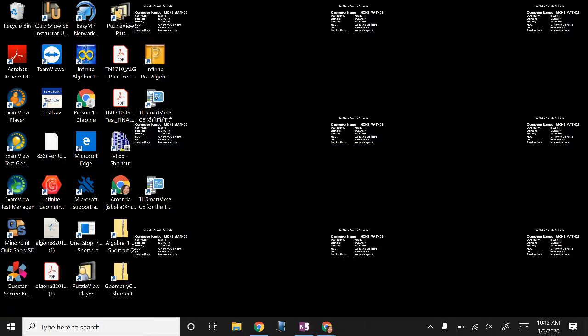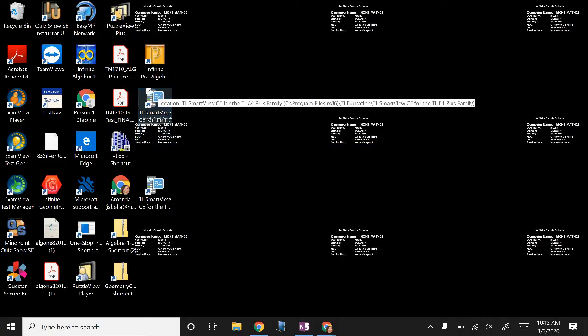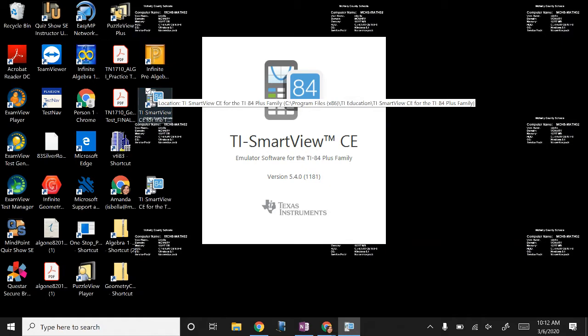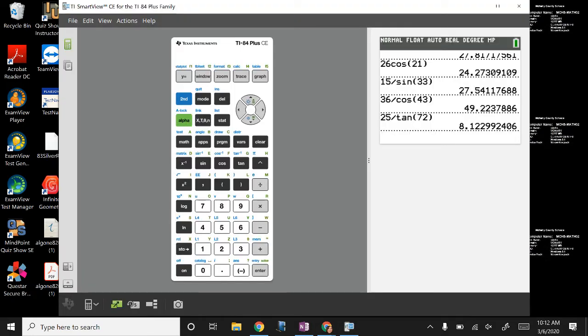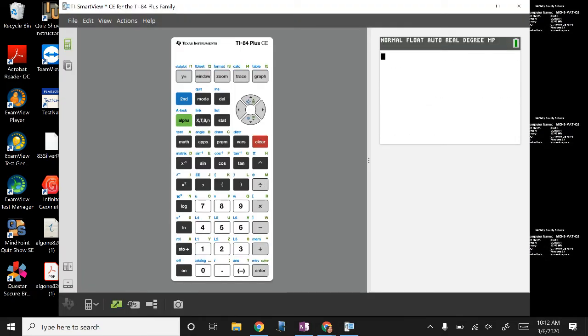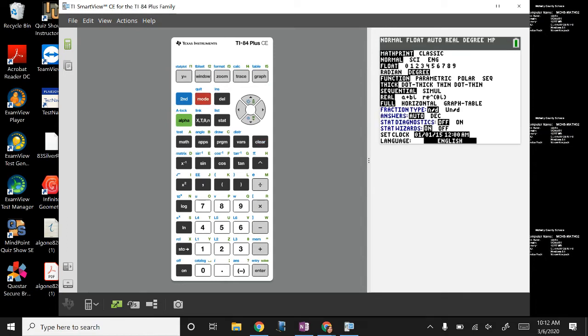I'm going to do the same. I got to wake mine up. It hasn't been turned on today. All right, let me clear it all out. So to see if our calculator is in degree mode, we hit the mode button that's next to the colorful second button. And then arrow down and make sure that radian is not highlighted and degree is.